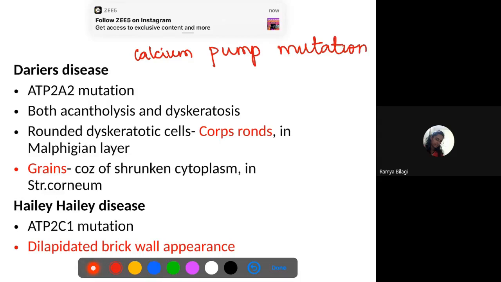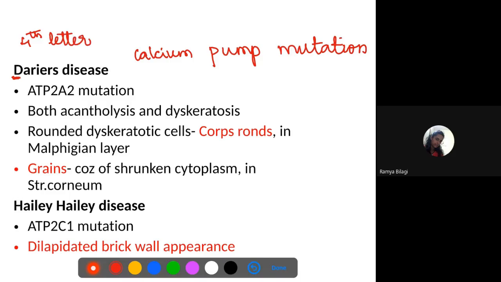The mutation we see in Darier's disease is ATP2A2 and in Hailey-Hailey disease is ATP2C1. How do you remember this? ATP2A2. D is the fourth letter of the alphabet: A, B, C, D. And the mutation is ATP2A2. 2 twos are 4. That is how I remember. Maybe that will help you guys as well.